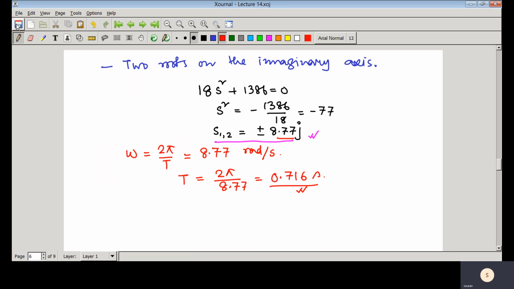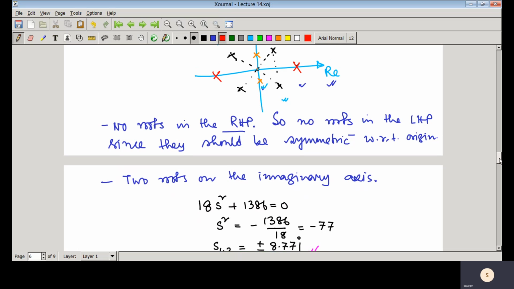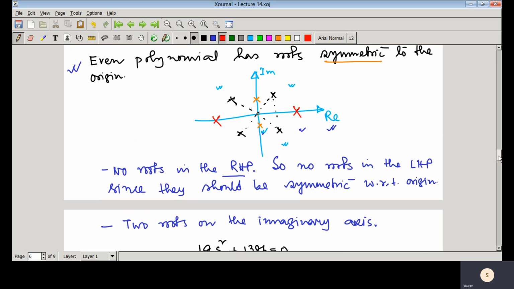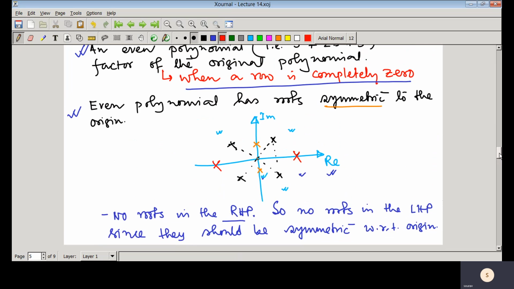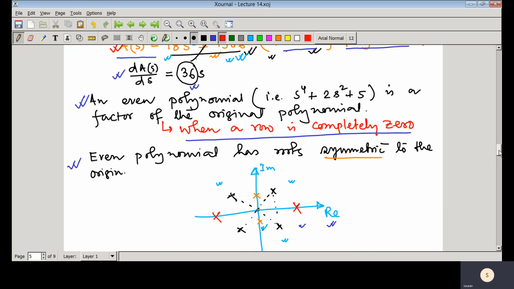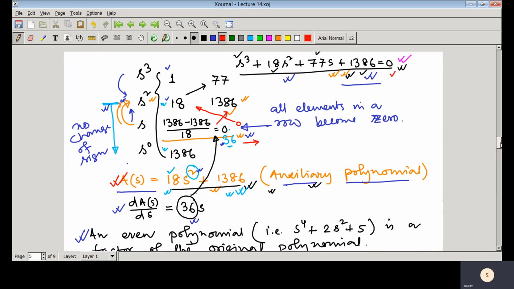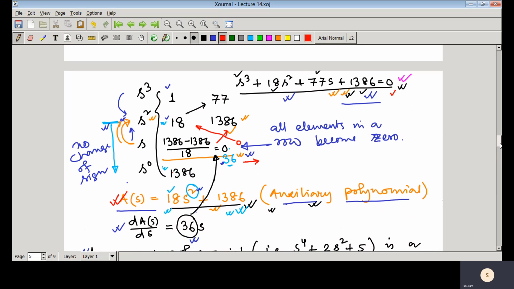So it is very interesting to see the various parameters as well as the performance of that system as well as the stability for a closed loop system using this Routh-Hurwitz criteria.